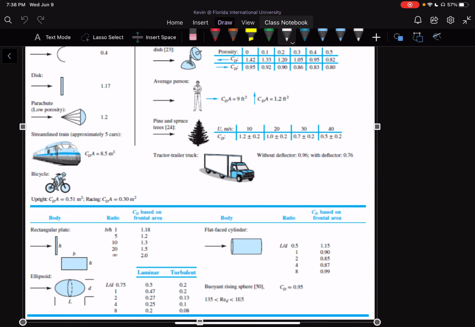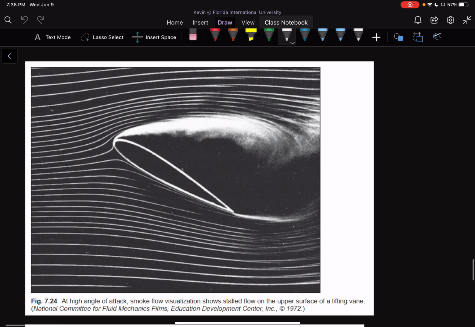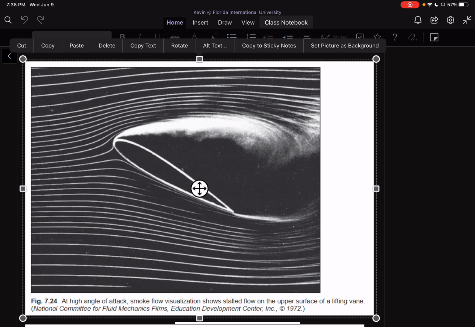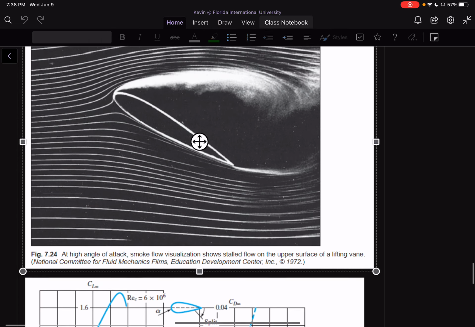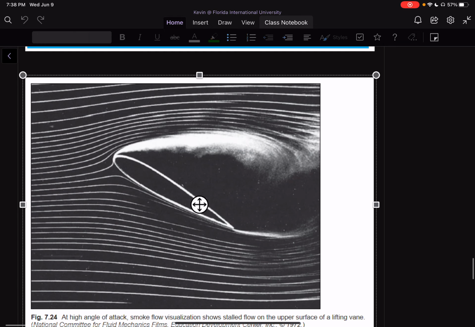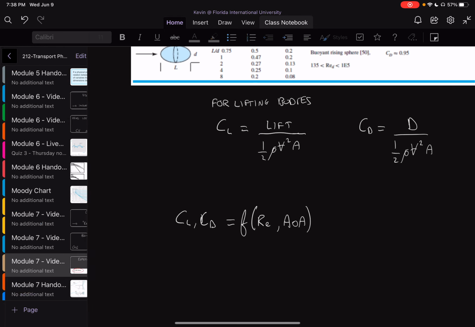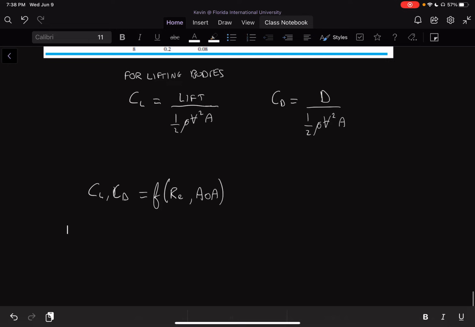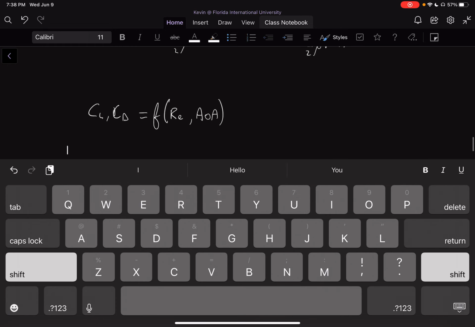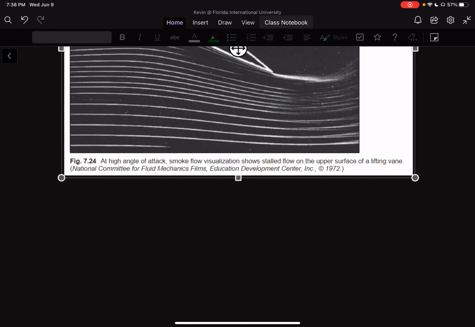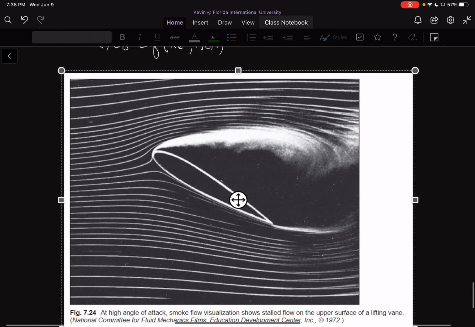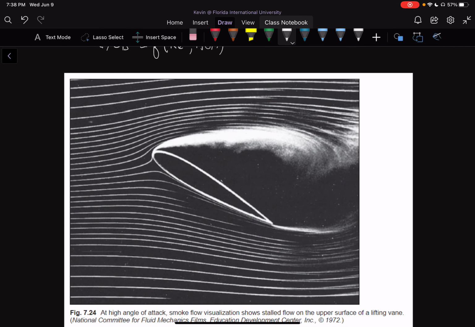And what the angle of attack is for a wing, for example, is the following. So I'm going to show you this diagram because I think this diagram is really useful in trying to understand what's happening. So in this case, we have a wing that is at a certain angle and is trying to create some lift force.